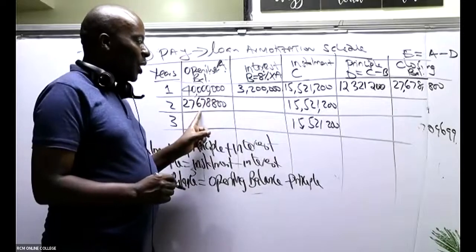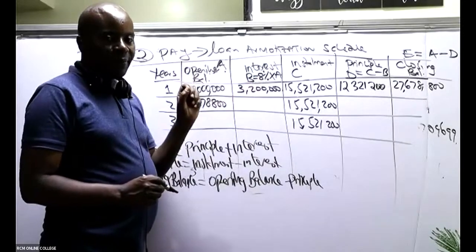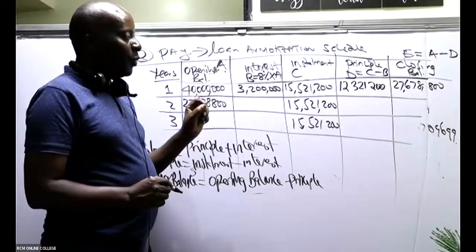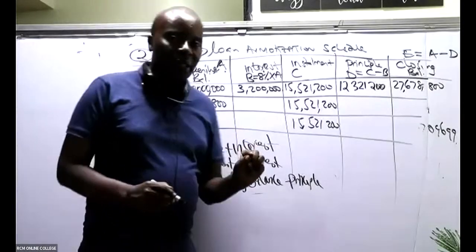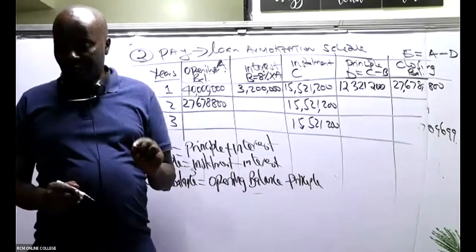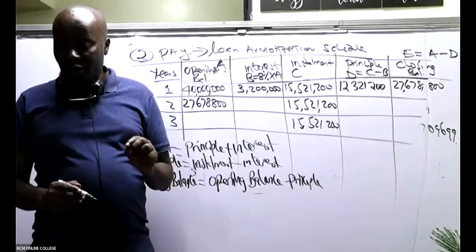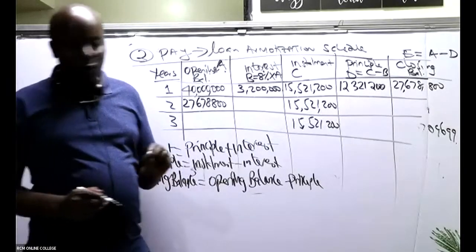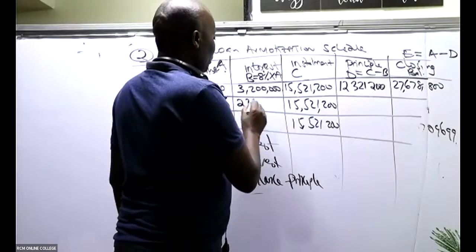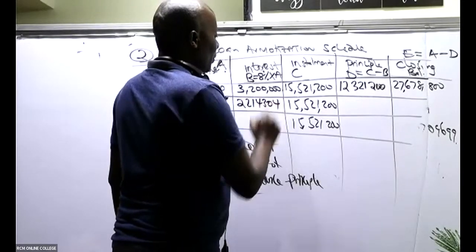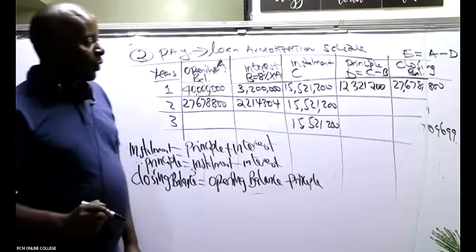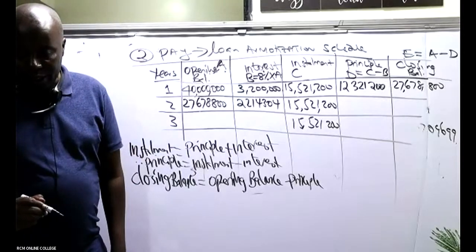So you take this one times 8%, because always interest will be levied on the opening balance. Thank you very much, Bivlin. So we have 2,214,304. Thank you so much.